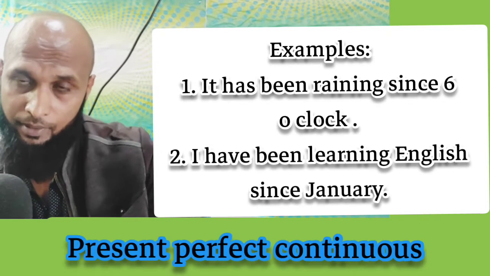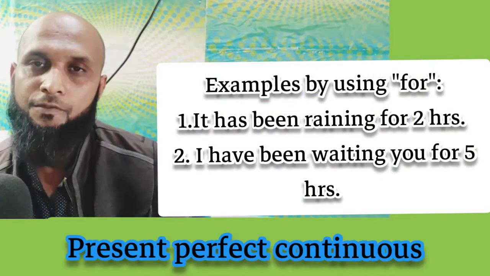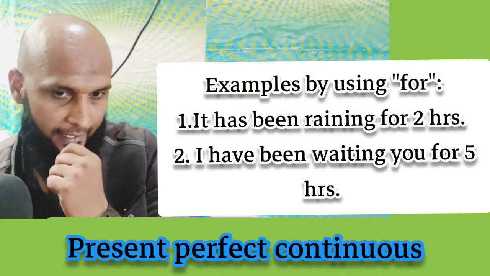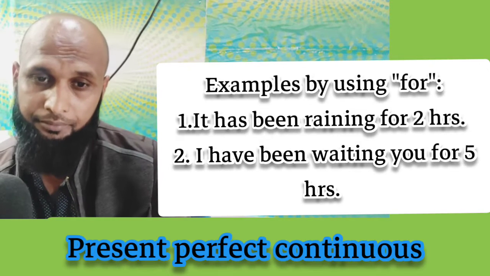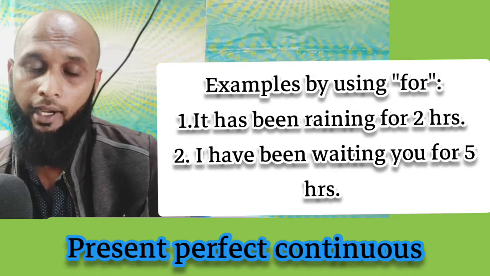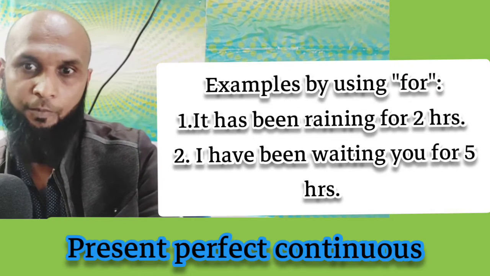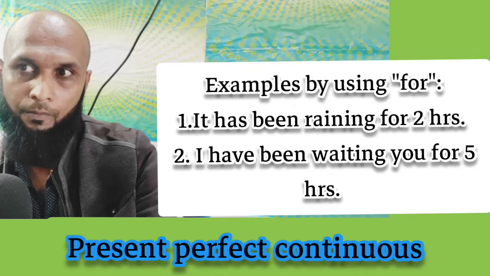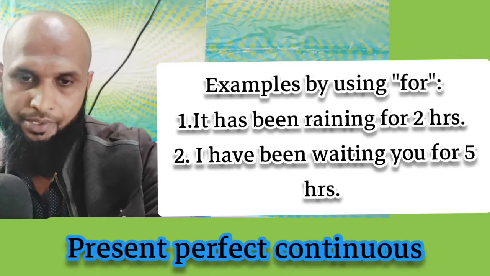That's the example. Now, let us look at the negatives. Before that, let us look at using for. It has been raining for 2 hours. I have been waiting for you for 5 hours.